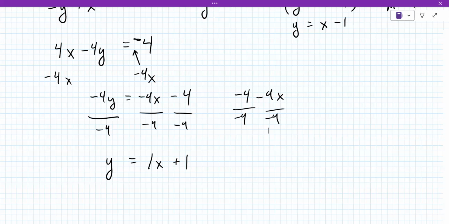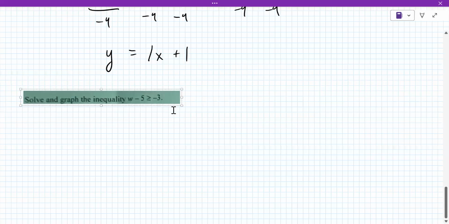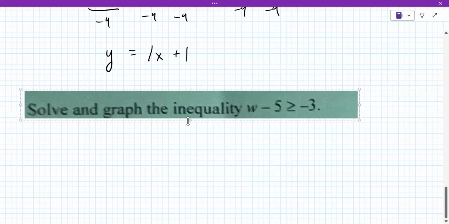Okay. All right, so the next problem here is to solve and graph an inequality. I remember that you were pretty strong with these. There's nothing unusual about this one. Do you want to try solving that? Yeah.